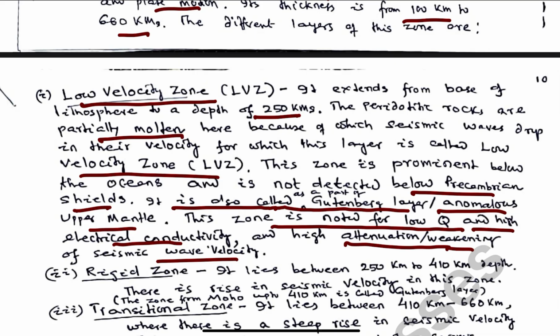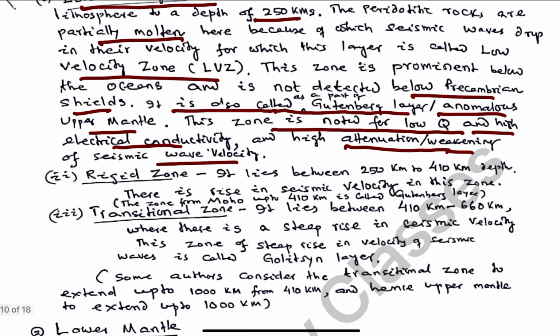That's why the velocity of seismic waves is low. So high attenuation of seismic waves is there in this zone.